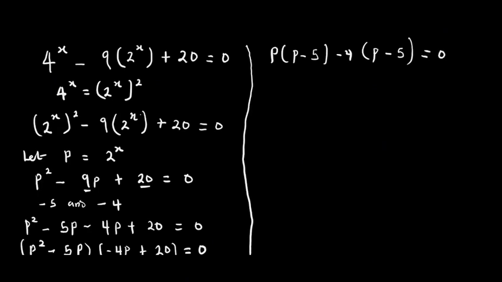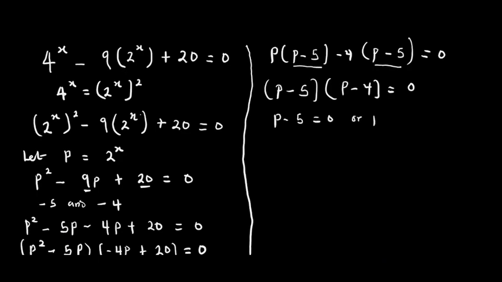Like I said in the beginning, what is in this bracket must be the same thing in the other bracket, p minus 5, p minus 5. So we have to pick one, p minus 5. We have p minus 4 equals 0. So it's either p minus 5 equals 0 or p minus 4 equals 0.